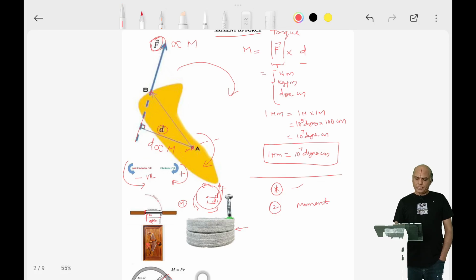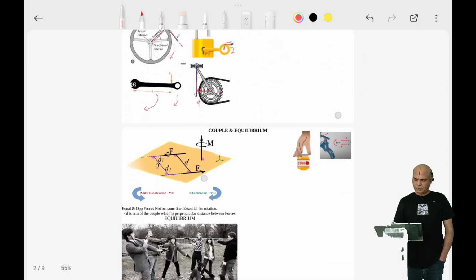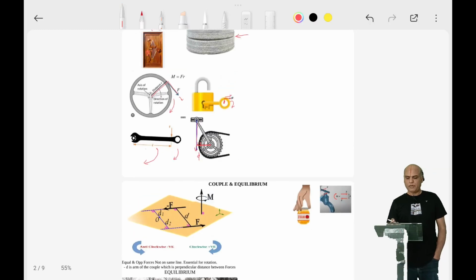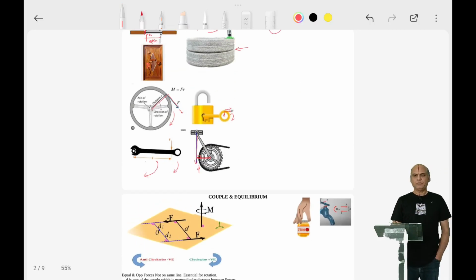It also guides the direction of rotation. Suppose I apply the same force at this point, then the direction is reversed. So the body will tend to move anti-clockwise, assuming the pivot remains unchanged. Okay. Okay. So look around, and try to find out daily life examples of moment of force.